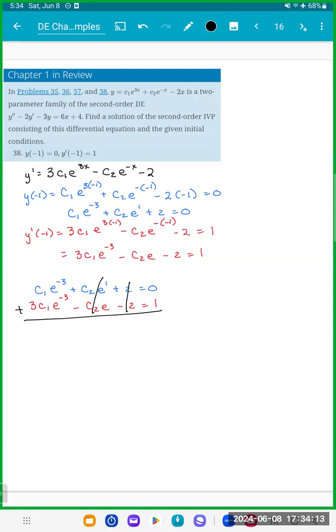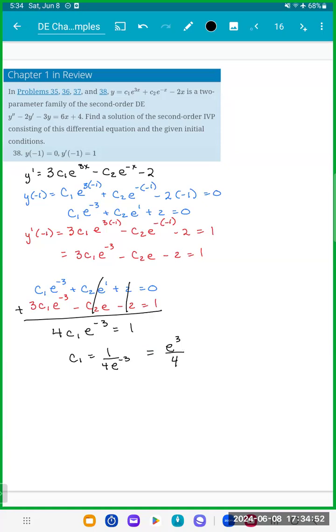The +2 and the -2 cancel out with each other. And we are left with 4c1 e to the -3 is equal to 1. And so that gives me that c1 is equal to 1 over 4 e to the -3, which, remember, we can make that e to the -3 a positive by bringing it up into the numerator. And so that's the same as saying e cubed over 4.